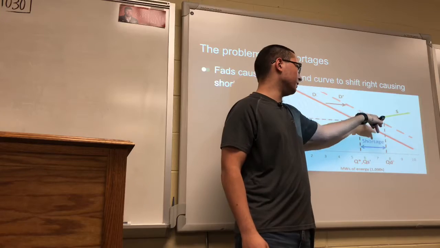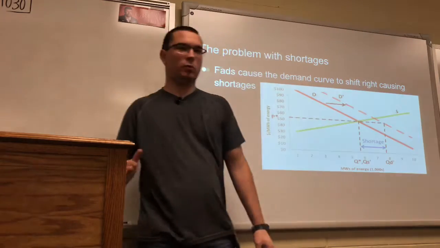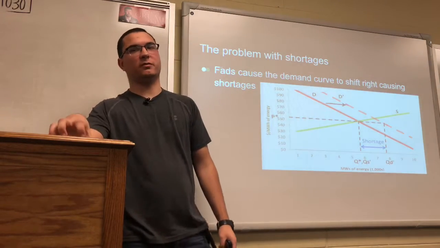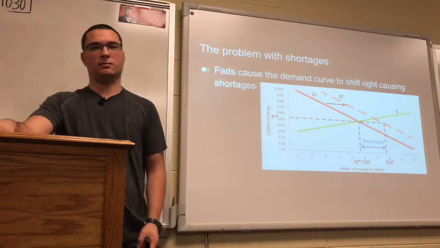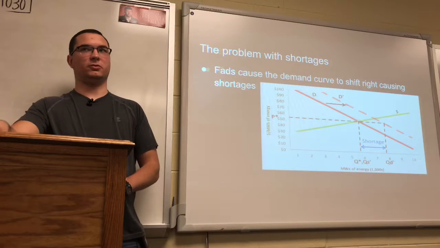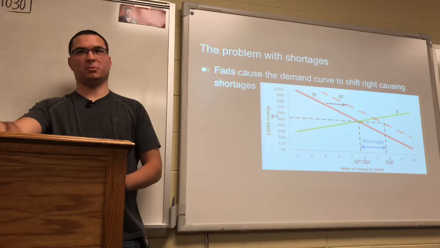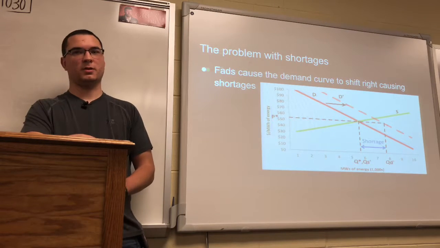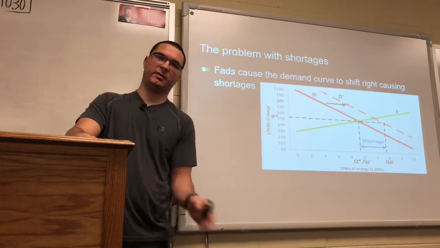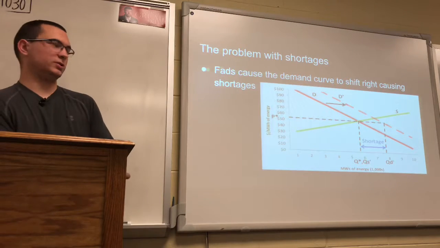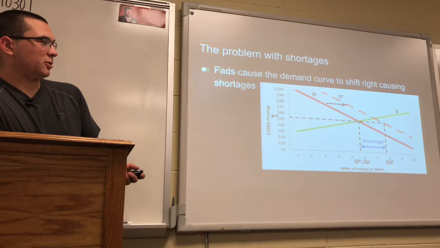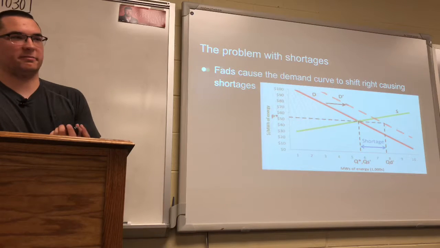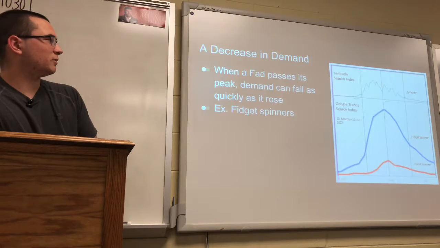So the business won't at first meet the demands until after a while, maybe like 3 months, and then the fad falls off and they have a surplus of the thing. So then the demand goes down and the price goes down as well. So then it will find a new equilibrium, because fidget spinners are now like $2.